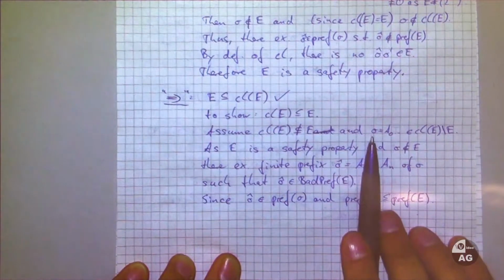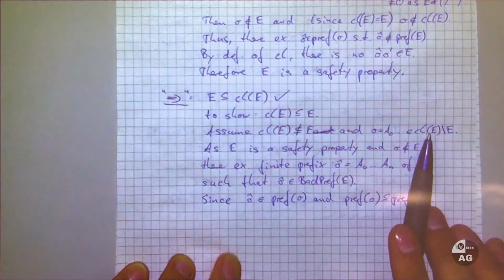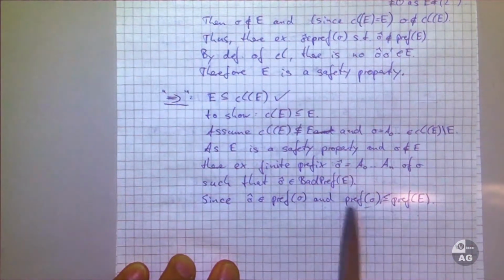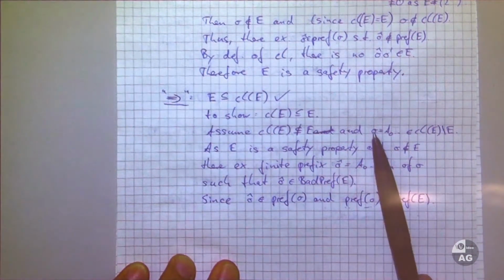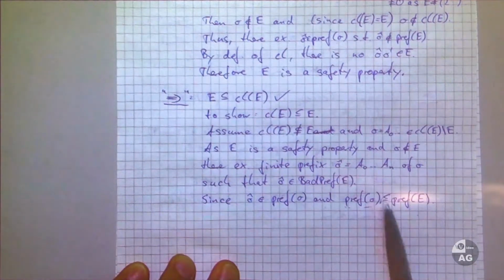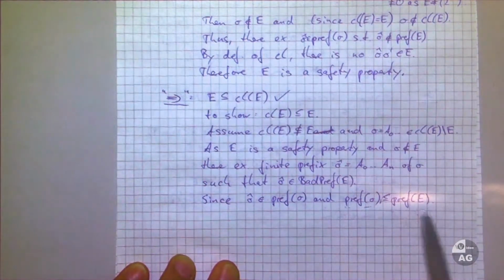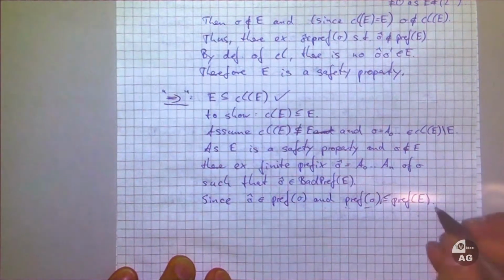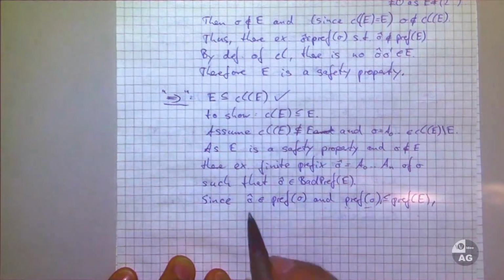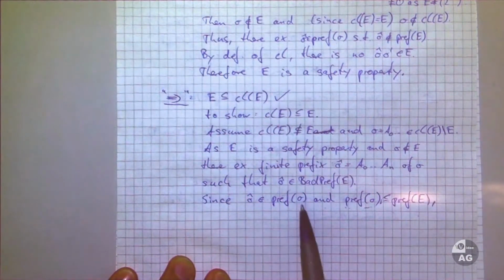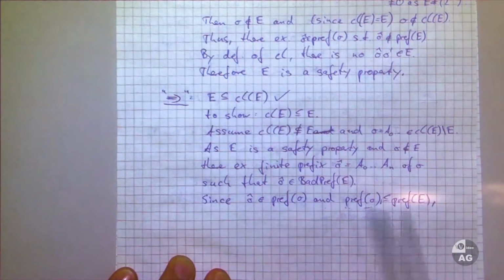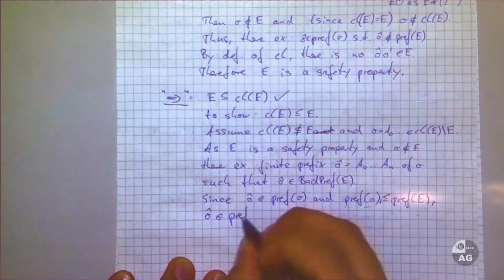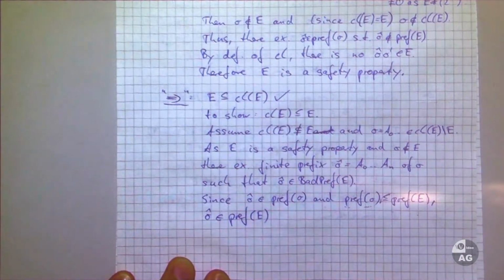Because sigma is in the closure, and the definition of closure says it's exactly those infinite words whose prefixes are fully contained in the prefixes of E. So sigma head is in the prefixes of sigma, and the prefixes of sigma are fully contained in the prefixes of E. So sigma head must be in the prefixes of E.